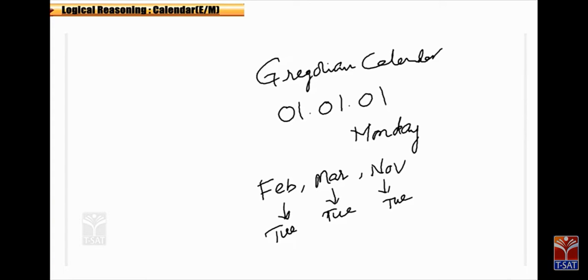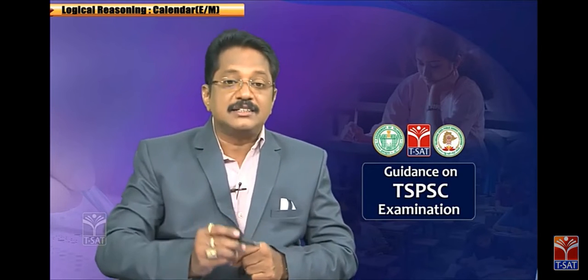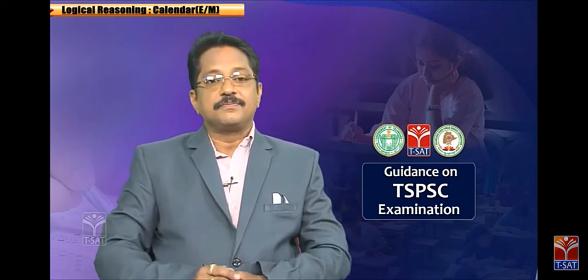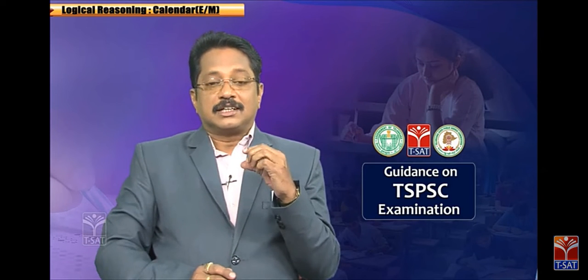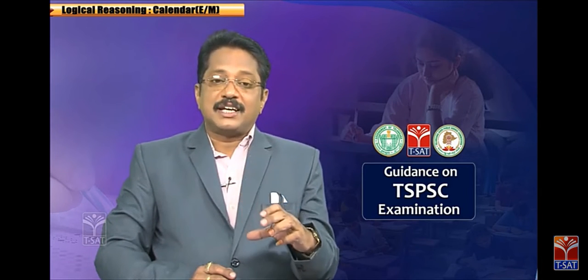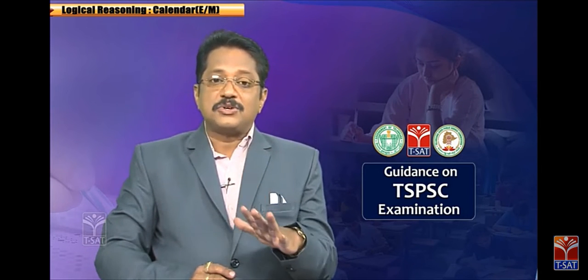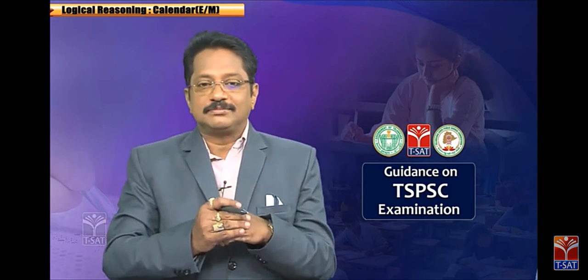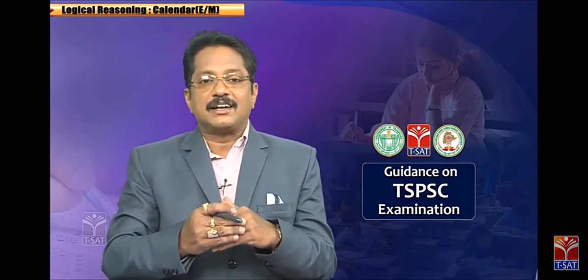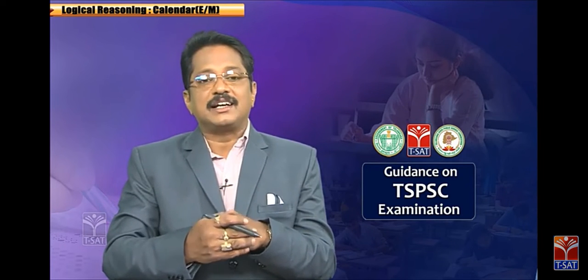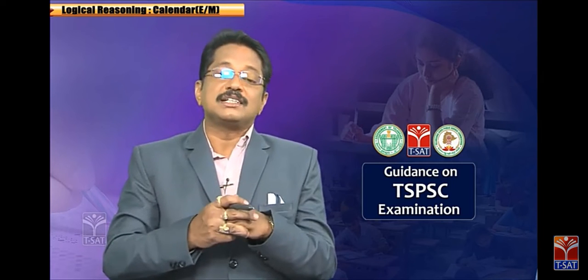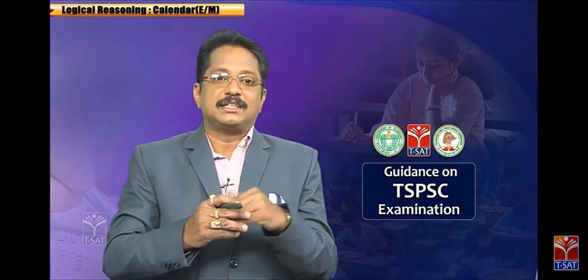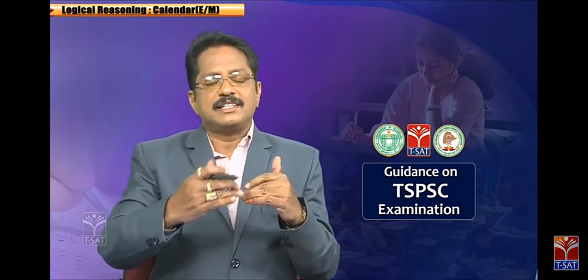And one more very interesting thing in the calendar is that the calendar of January and the calendar of October are both the same, meaning the same weekdays will be there.